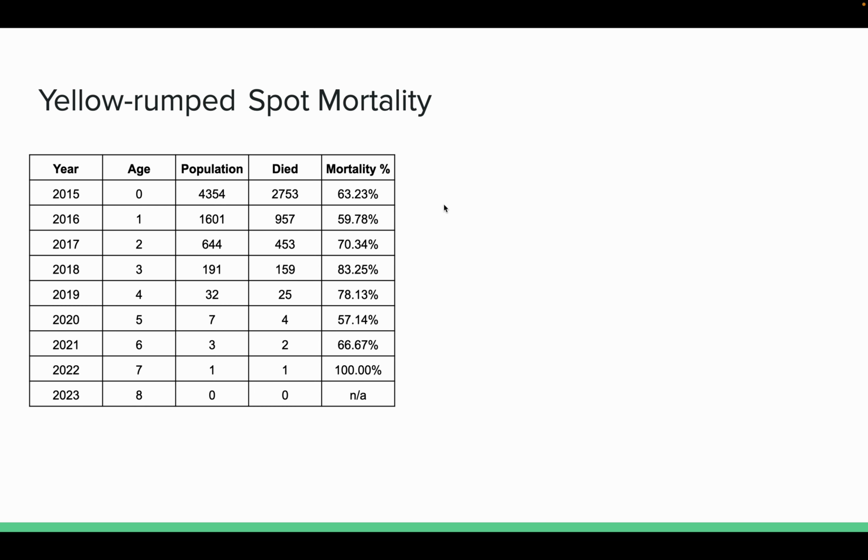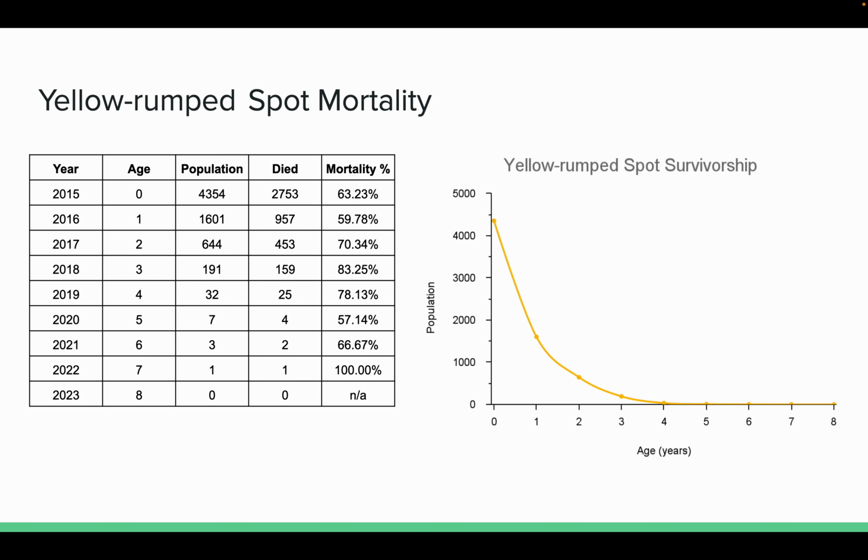So let's take a look at what that looks like on a survivorship curve. So you can see that this time we've got a huge drop off to start with, and then it begins to plateau out as only a few individuals live all the way out to their maximum lifespan. So those are the two different species there, the yellow-rumped spot and the red-rumped spot.